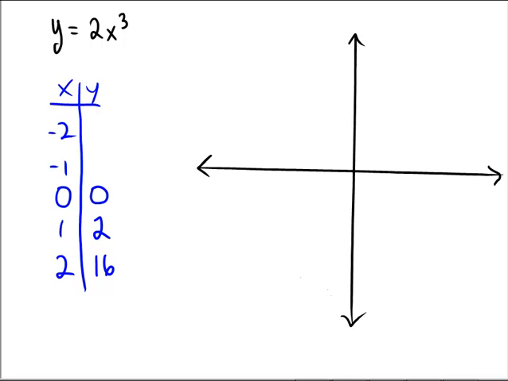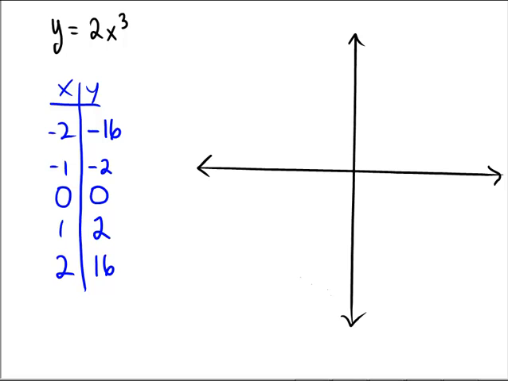Now, since it's of that form ax cubed again, I know that when I stick in negative 1, I'm going to get the opposite of the answer that I got when I stuck in 1. And because of the value of positive 2 yielding 16, negative 2 is going to yield the number negative 16.